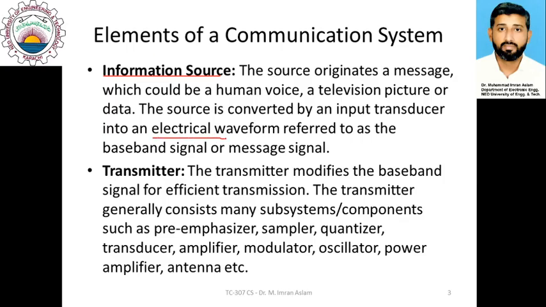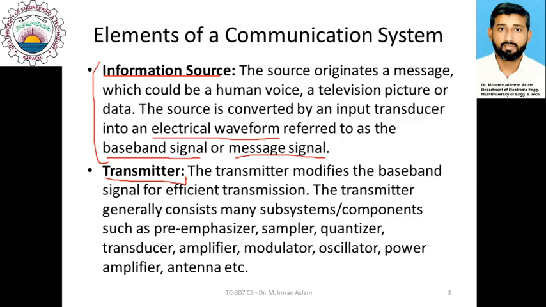So the electrical waveform that we get from this input transducer is generally named as a baseband signal or a message signal. So after the information is converted into an electrical form, it goes through a transmitter.